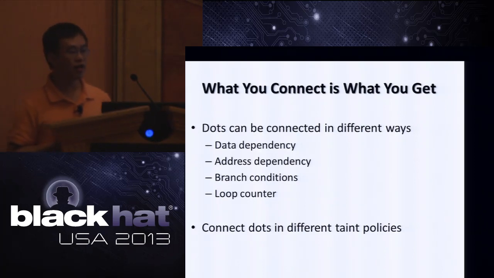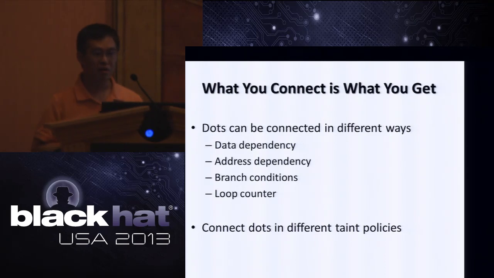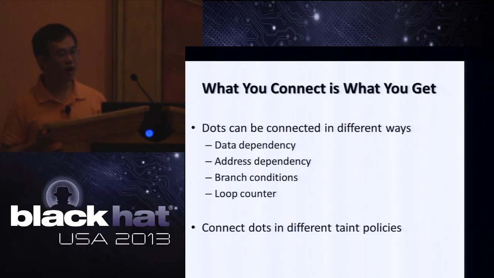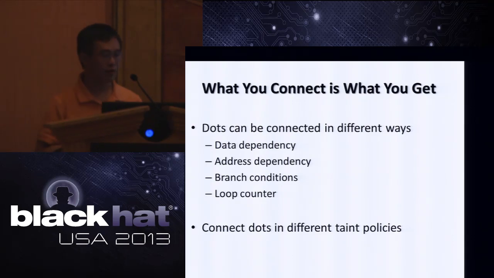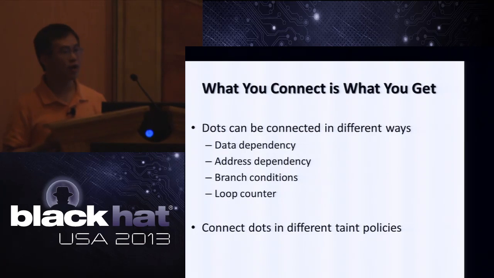The loop counter has a particular interest because if you are able to affect the loop counter's value, you can in some way either cause an out of bound access or cause thread hunting with a huge number of loops. So connecting the different dots following different policies gets you different things you want to look at further.